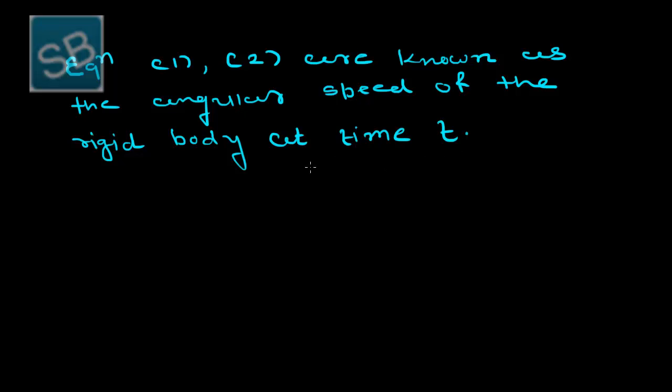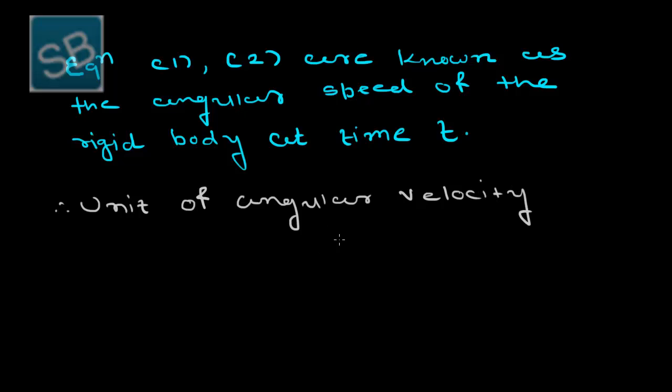Now, if you want to find the unit of angular velocity, angular displacement is in radian, and the time interval is in second, and that is in the denominator.